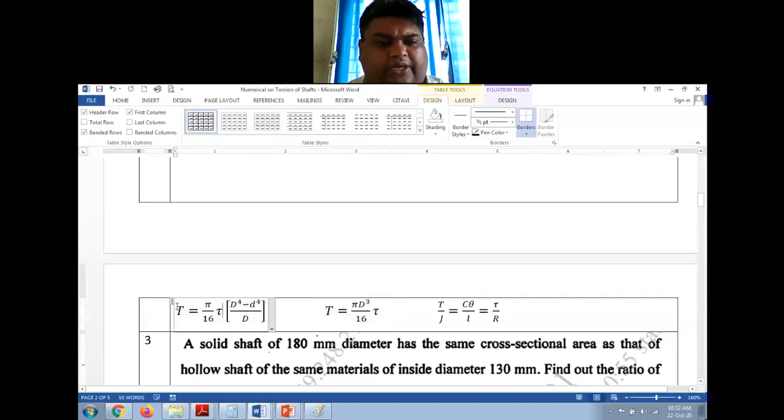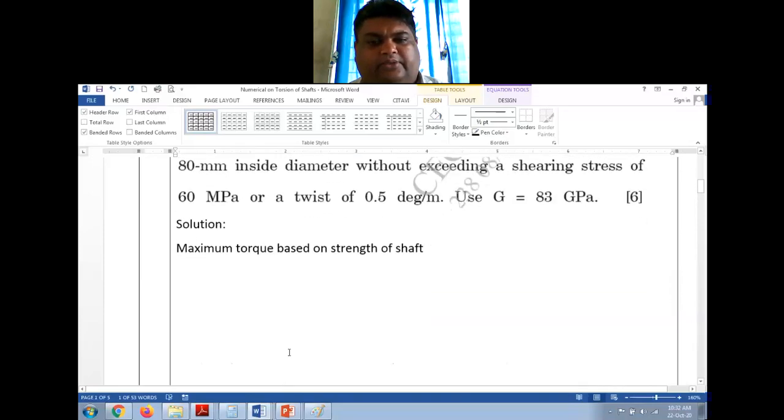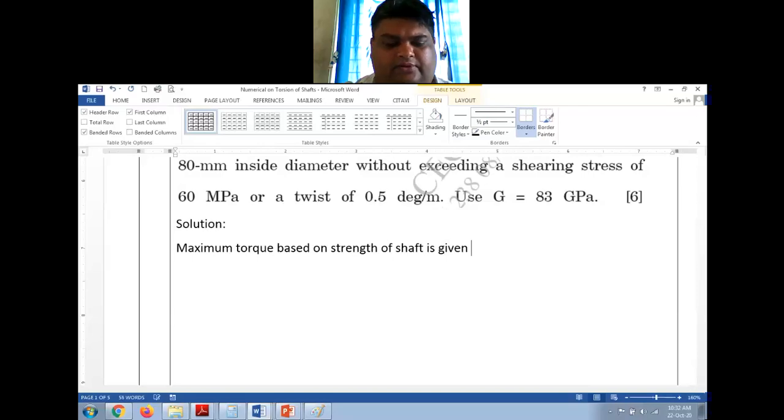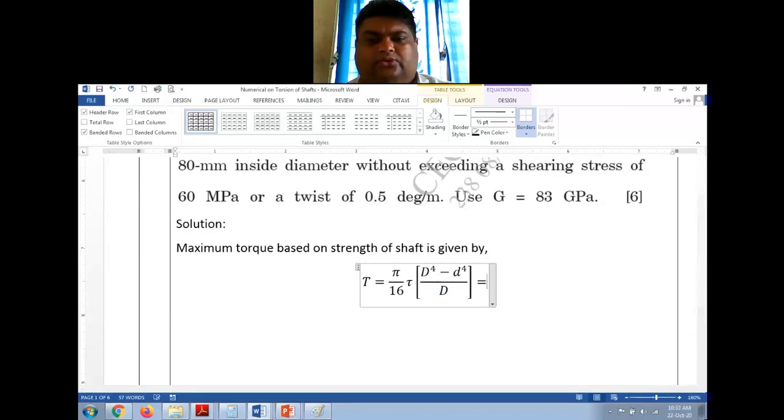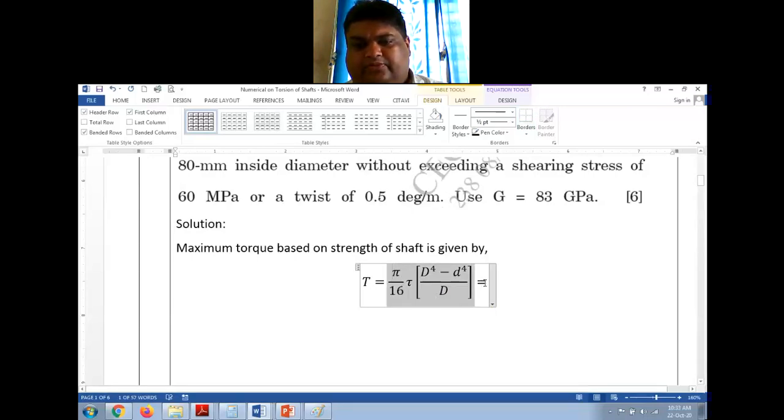Sorry, it is a hollow shaft, so it will be this expression. T is equal to pi by 16 tau into D raised to 4 minus d raised to 4 by D, right? So this is equal to, I'll just copy this again and substitute the values now.